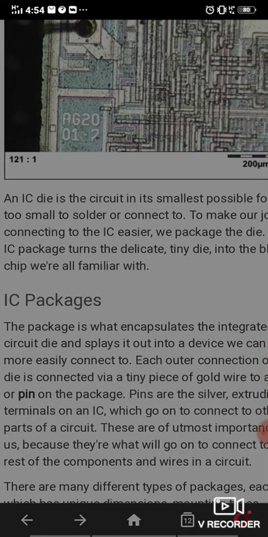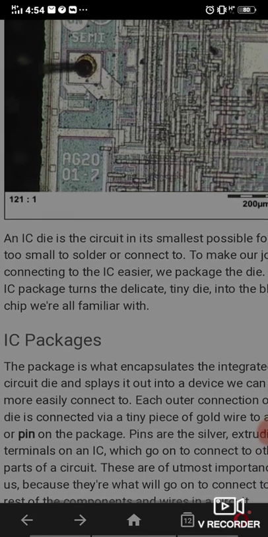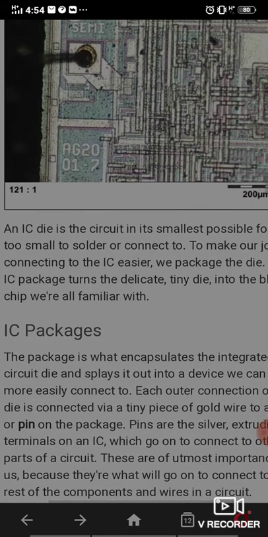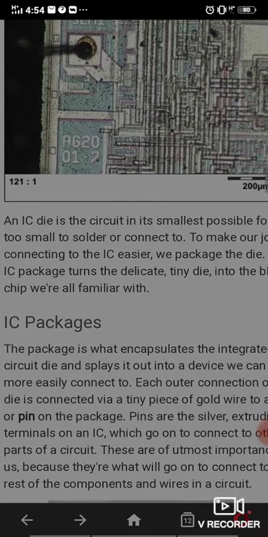The die is too small to solder or connect, so to make connecting the IC easier, we package the die.